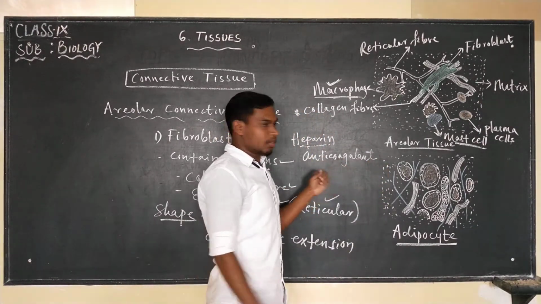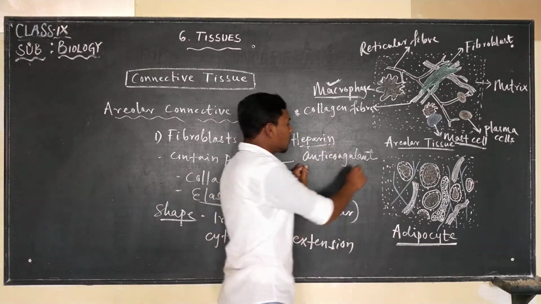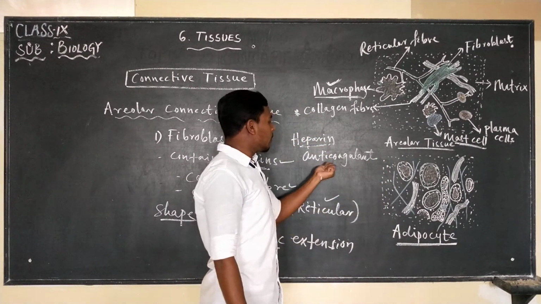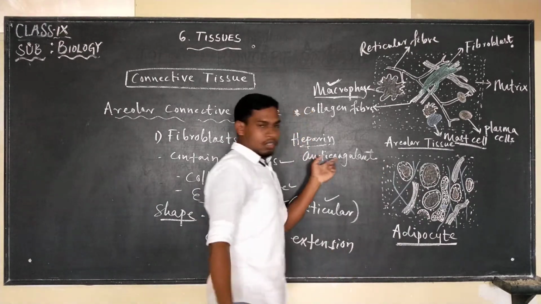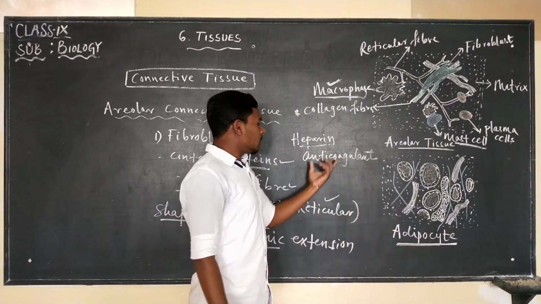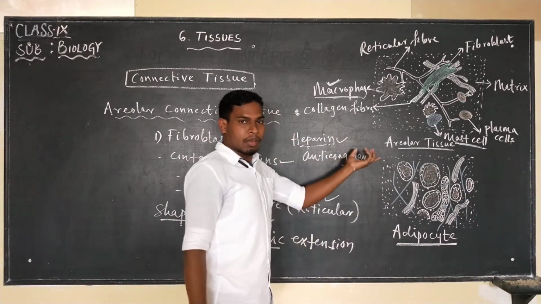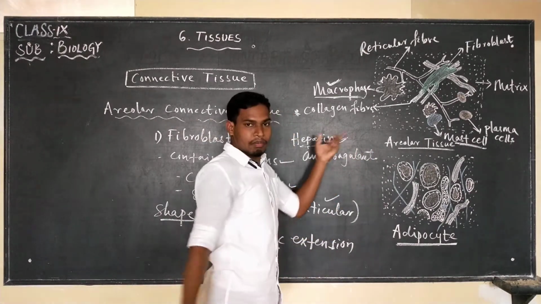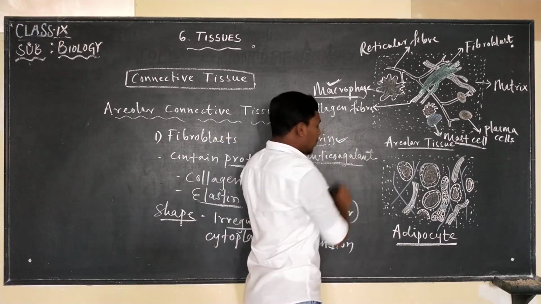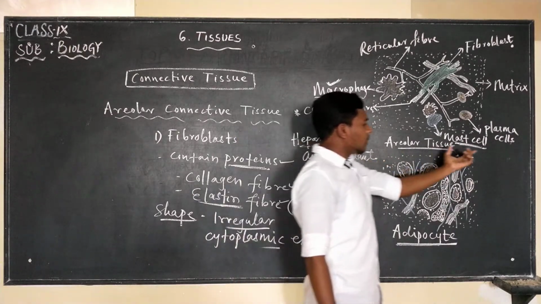Whenever there is no need of blood clotting by prothrombin, heparin accumulates and inhibits the secretion of prothrombin. Prothrombin is the blood clotting factor, and heparin inhibits it, so there is no blood clotting. This is the anticoagulant produced by mast cells.